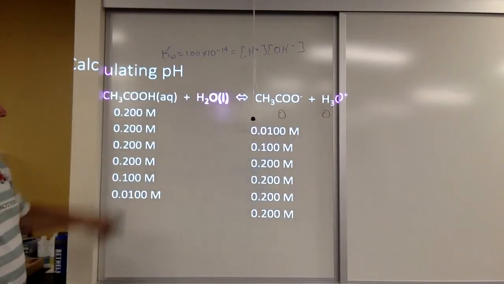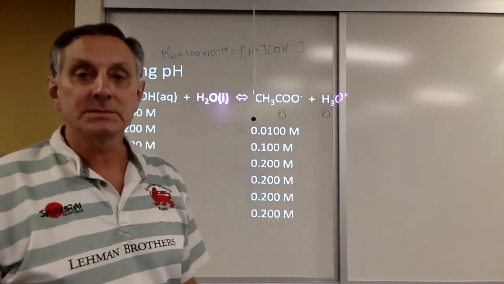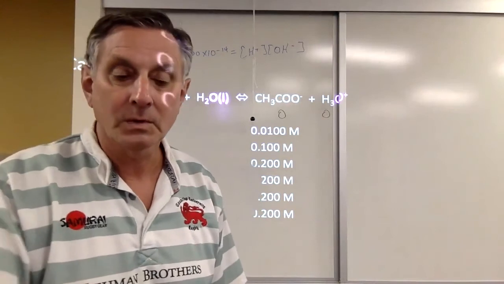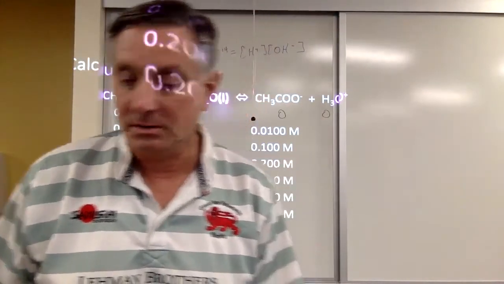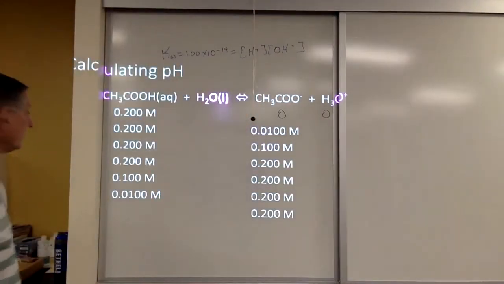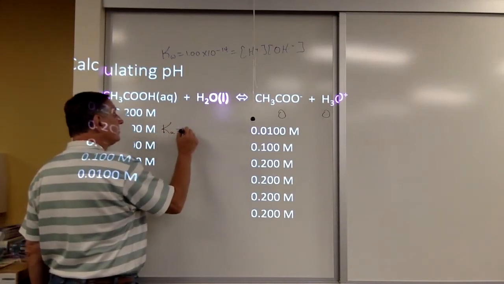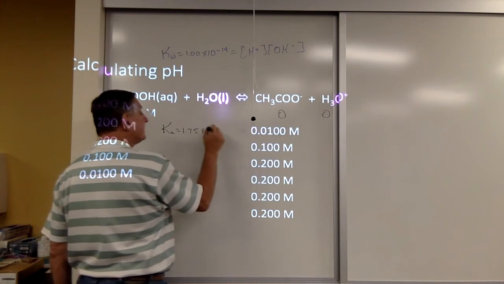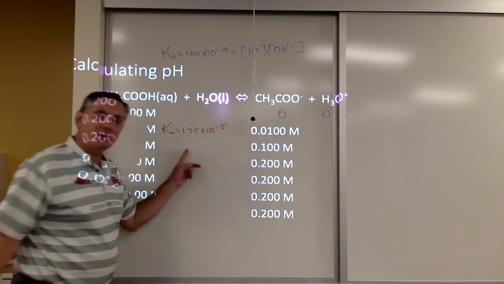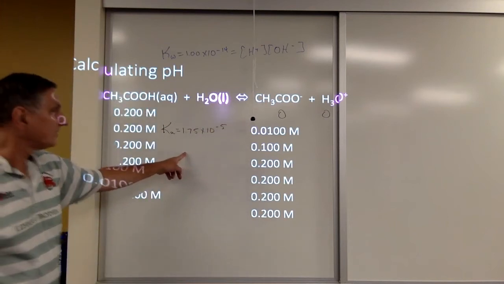So if I plug this into the Ka expression, am I given Ka? No. Well, Ka is equal to 1.75 times 10 to the minus 5th. Some books will call this 1.8 times 10 to the minus 5th.